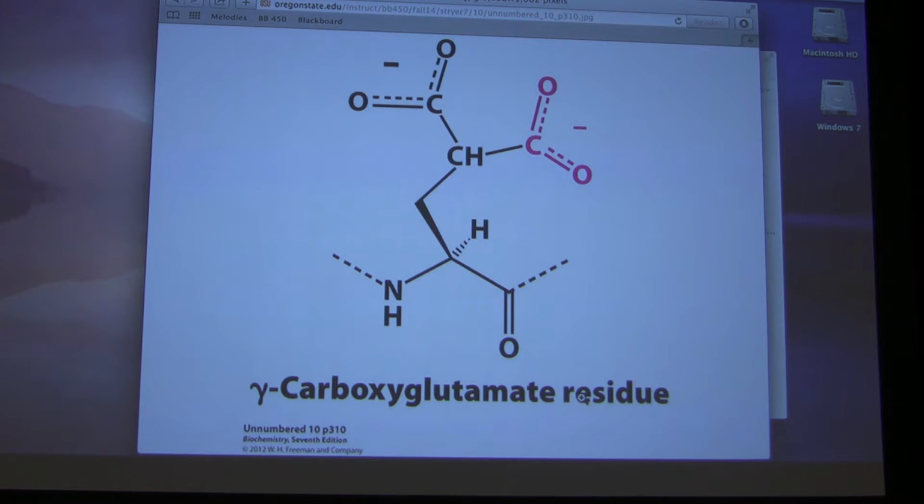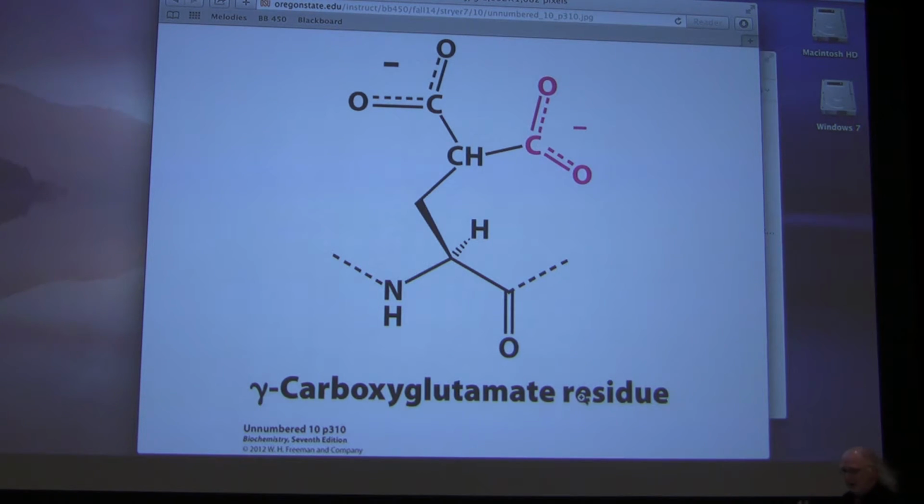That allows prothrombin to bind calcium, allows now prothrombin to come to the site of the wound, and again, everything is being directed to very quickly addressing the issue of clotting at the site of the wound. Well, if prothrombin is at the site of the wound, once it gets converted to thrombin, it's going to immediately convert fibrinogen into fibrin. So this localization of prothrombin at the site of the wound is very important. Needless to say, vitamin K is very important.